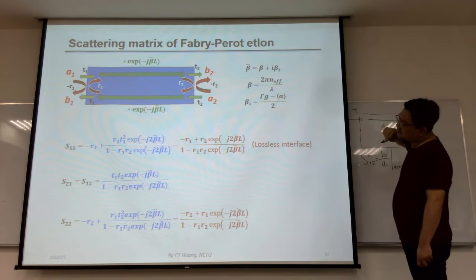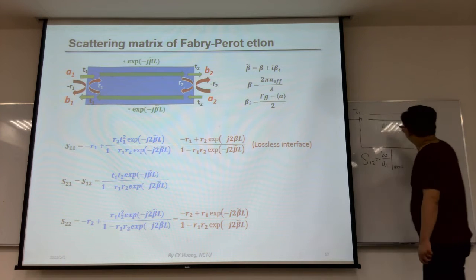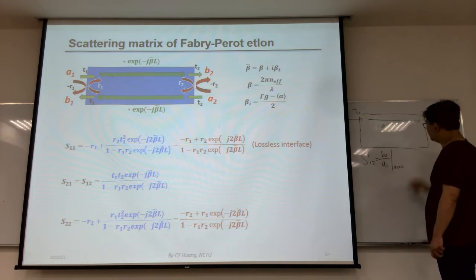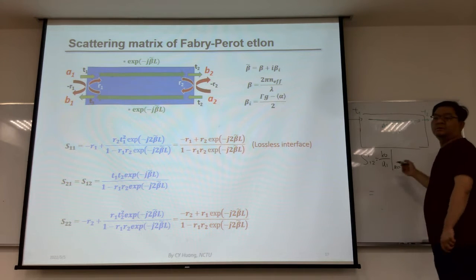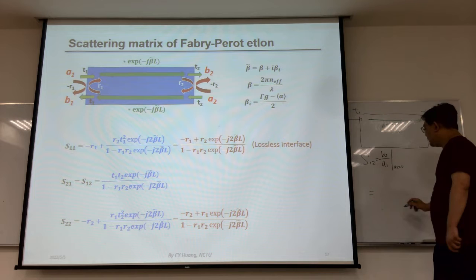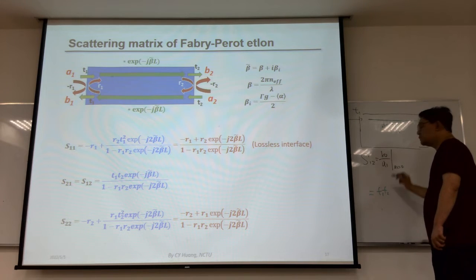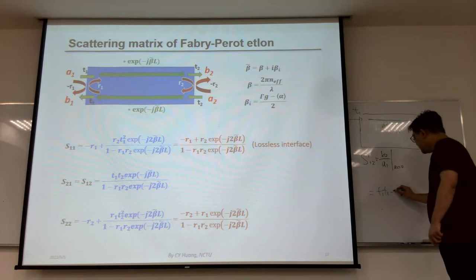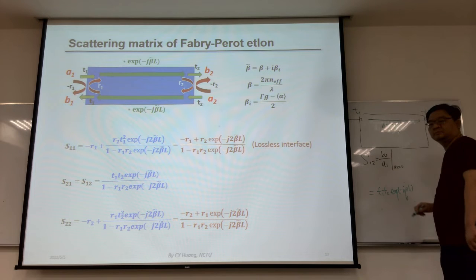So this is T1 here, and this is T2. So if there is no iteration, it will be T1 T2 exponential minus j beta L.